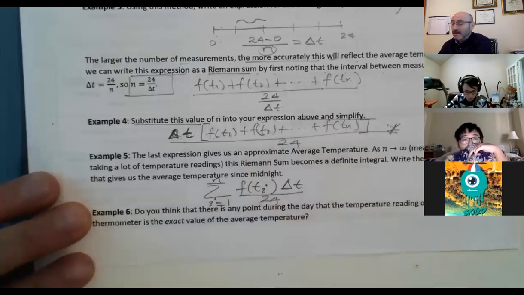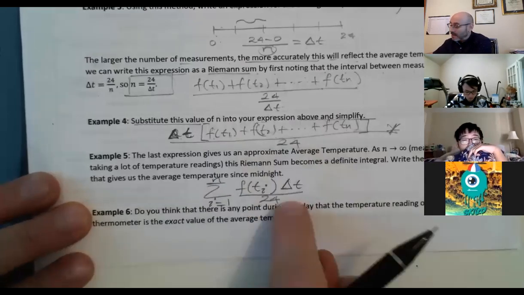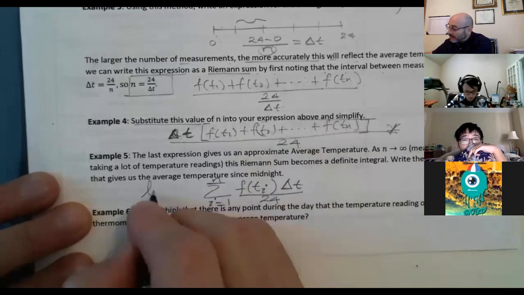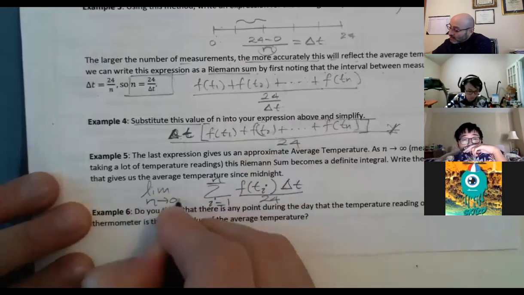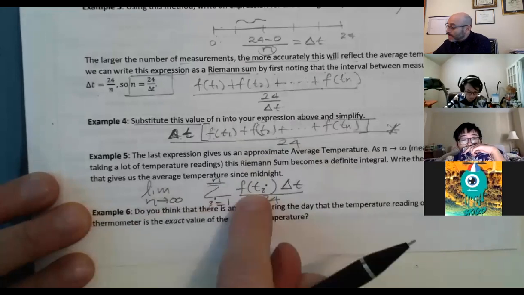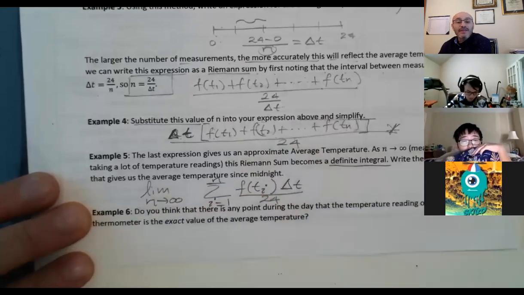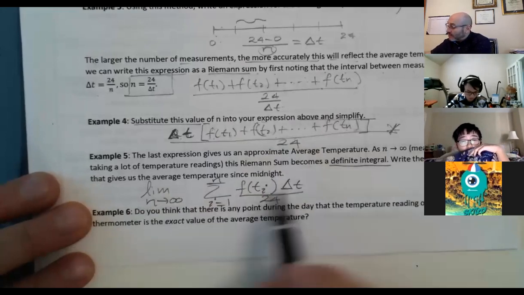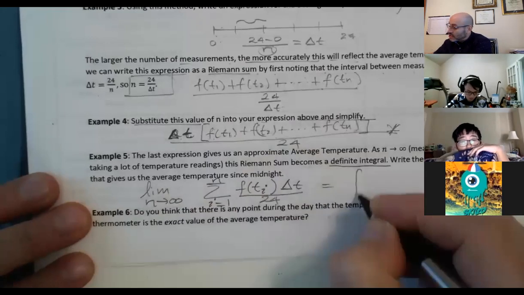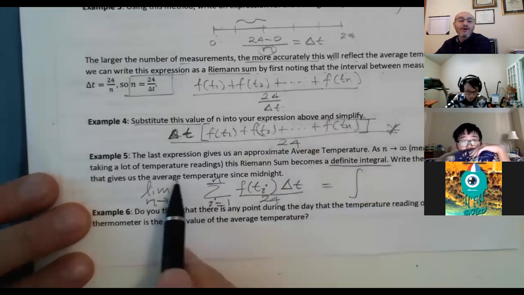So what they're saying is that I can write this as a sum, and when I take the limit n going to infinity, this sum becomes what? A definite integral, right? So a definite integral is essentially the result of a limit.